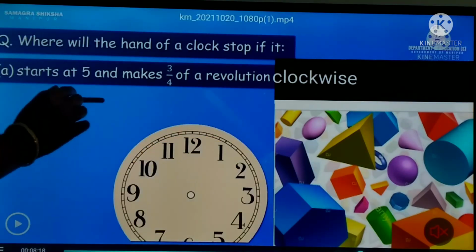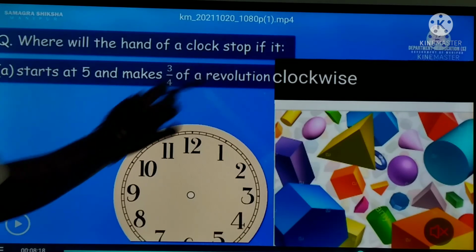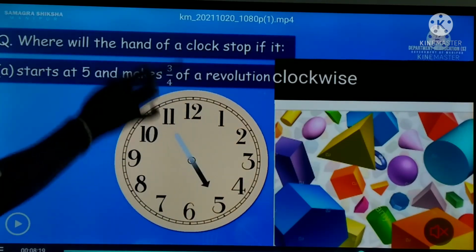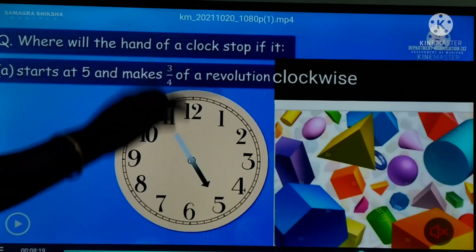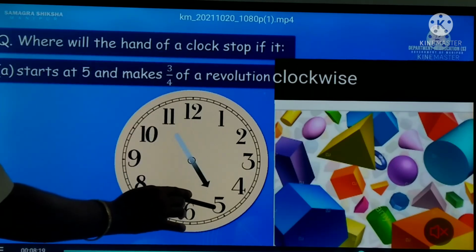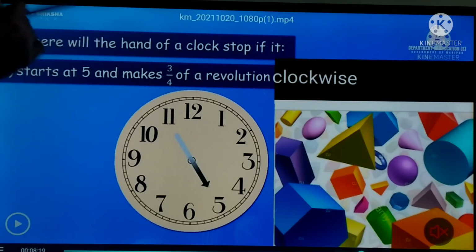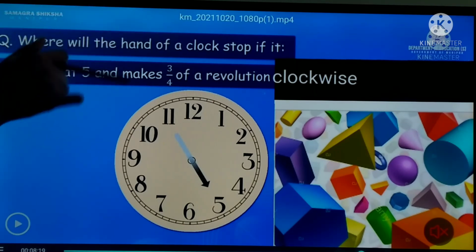And the next one: where will the hand of a clock stop if it starts at 5 and makes 3 by 4 of a revolution clockwise? 3 by 4 means total how many divisions? 1 by 4 is 3 divisions, 1 by 2 is 6 divisions, so 3 by 4 means 9 divisions we need to move.